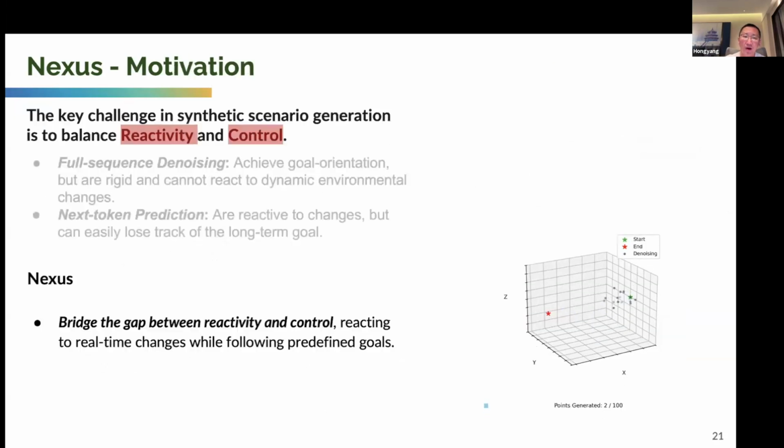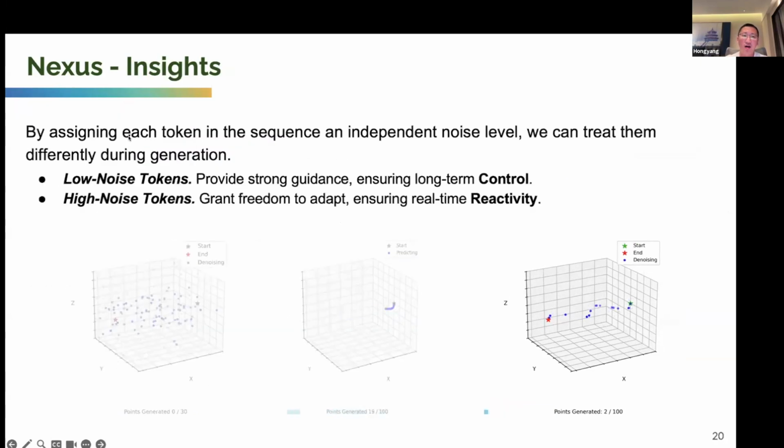So we want to combine these two properties, which are reactivity and control. By assigning each token in the sequence an independent noise level, we can treat them differently during the generation, and we group them into two categories.